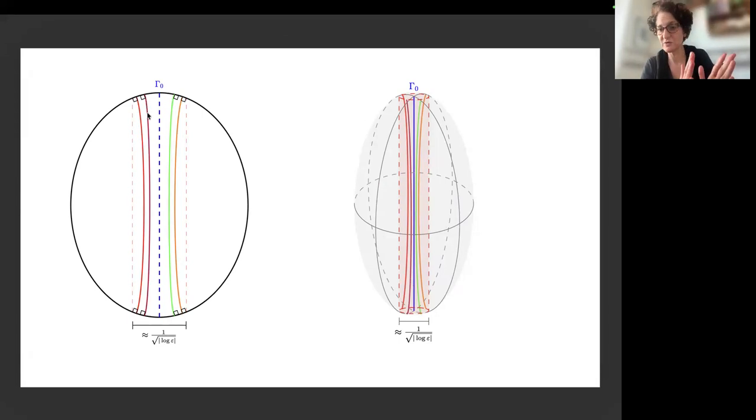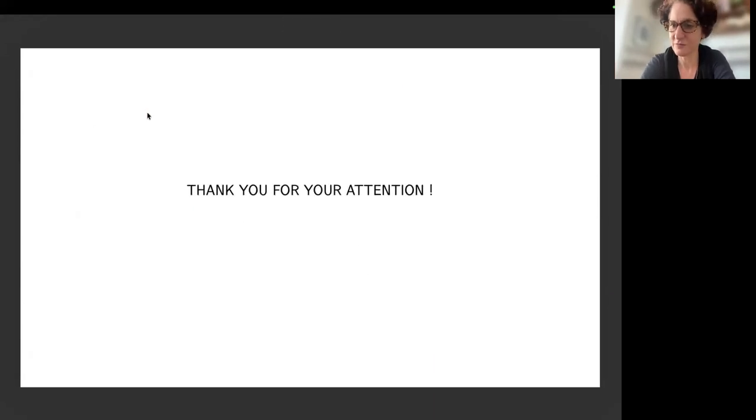So this is the simplest geometry you can think of, which has this rotational symmetry, but our framework is meant to allow for possible curved situations where gamma naught can be curved, and then you have to work in these curved coordinates. That makes everything a little more complicated, but it works as well. Okay, so I think this is all, and I'm happy to answer questions.